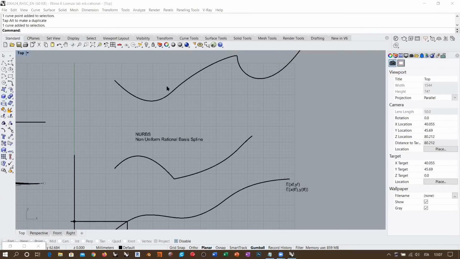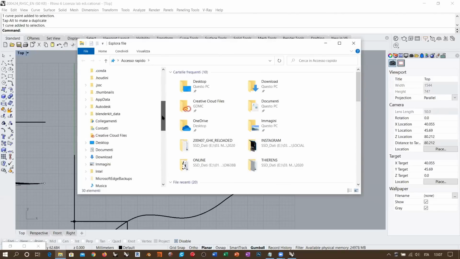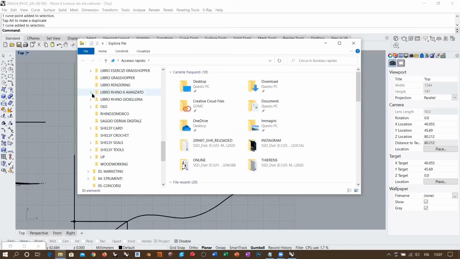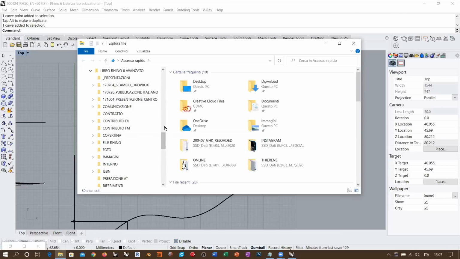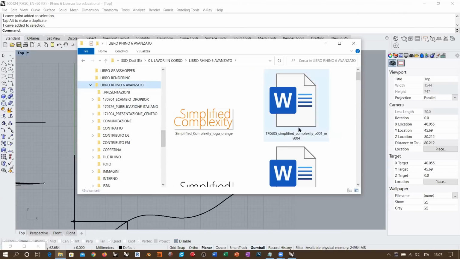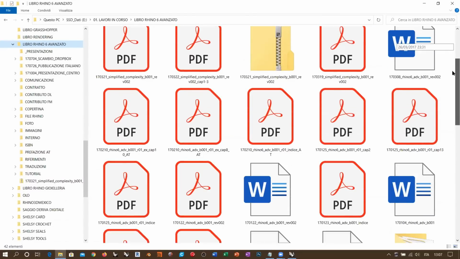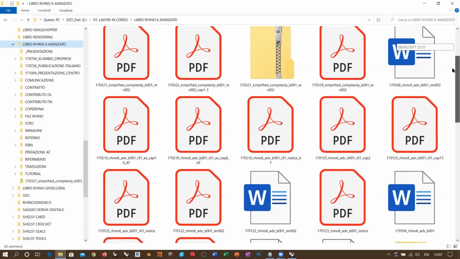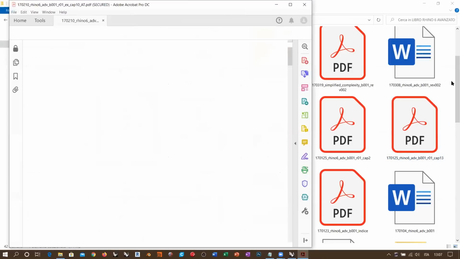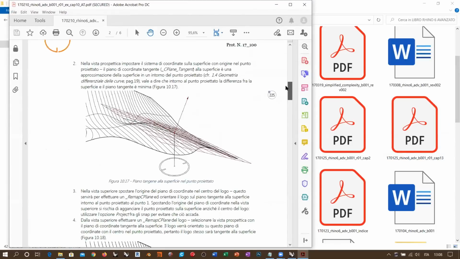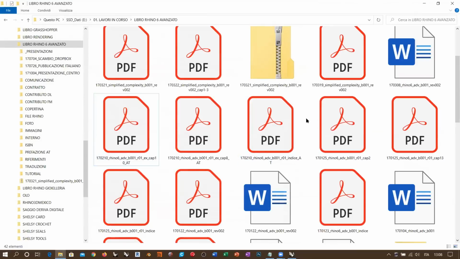So let me go here a while. Please be patient. I'm going here and here and here, and eventually, I should have it divided by chapter. Yes, this is chapter 1, maybe, or this is an extract, I don't remember. Sorry, let me double check, but, oh no, this is already advanced stuff.